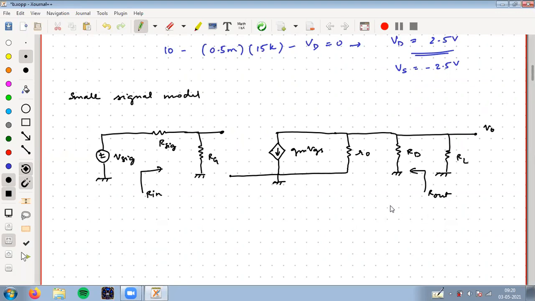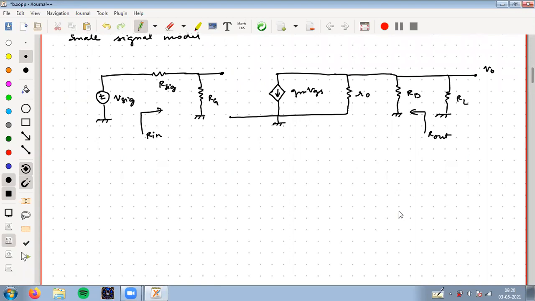If I look at Rin from this figure, Rin is the resistance seen into the gate side. Into the gate side, if I see only one resistance, which is Rg. So Rin will be 4.7 mega.